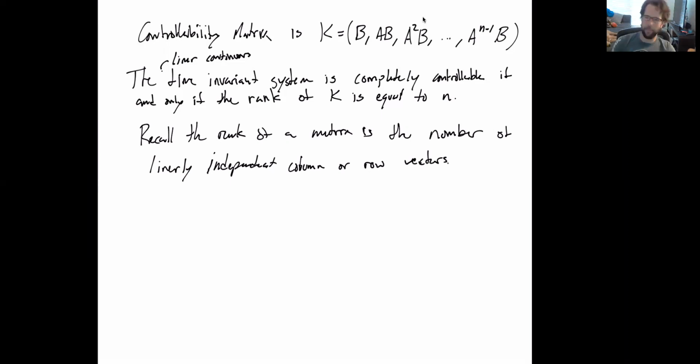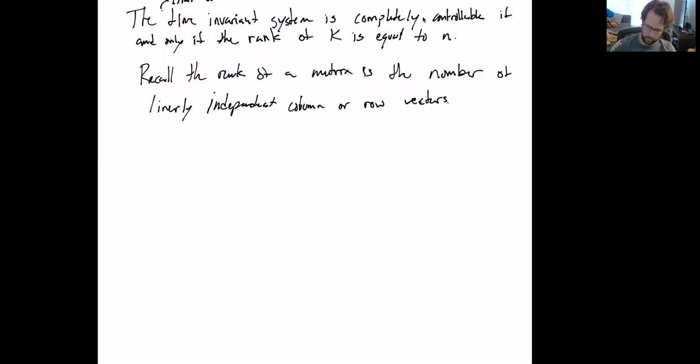So this is pretty cool, right? So if our system is x dot is equal to Ax plus Bu, right? And so we have A, and we have B.